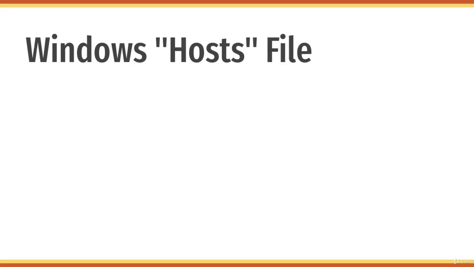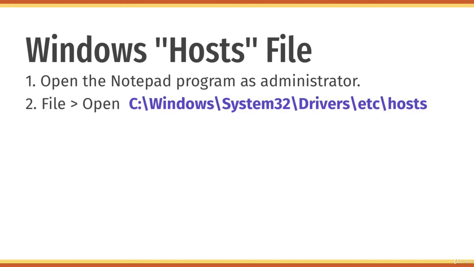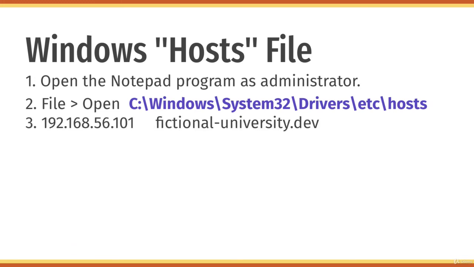Cool. Now, if you're on Windows, you will want to open up the Notepad program as an administrator, and then open up the file that is located here, the C drive or your main operating system drive, then Windows, System32, drivers, and then inside the etc folder will be a file named hosts. Okay, and then just do the same thing.